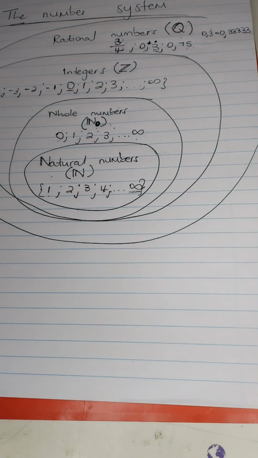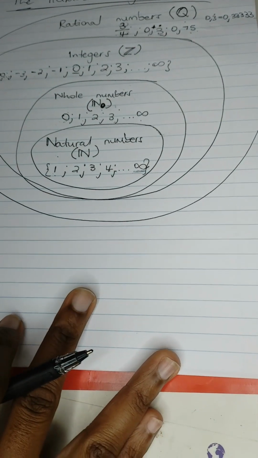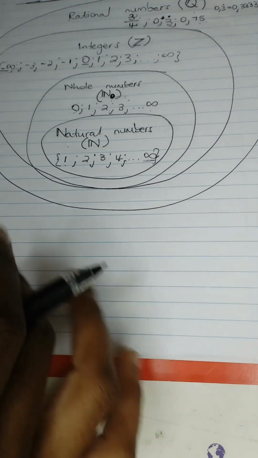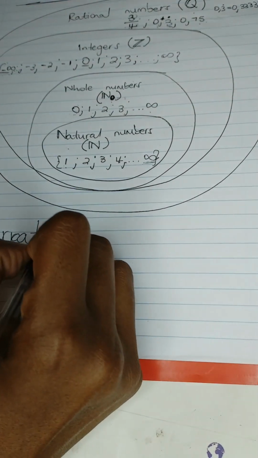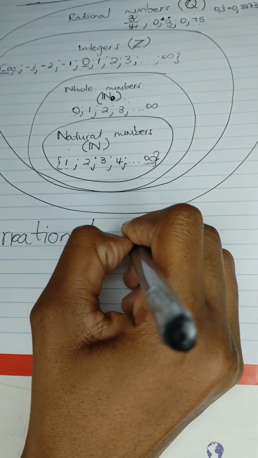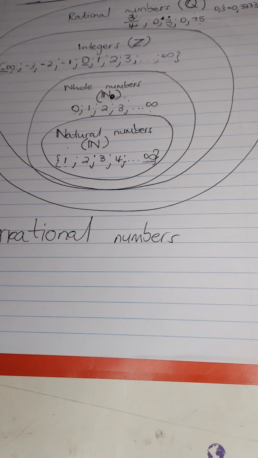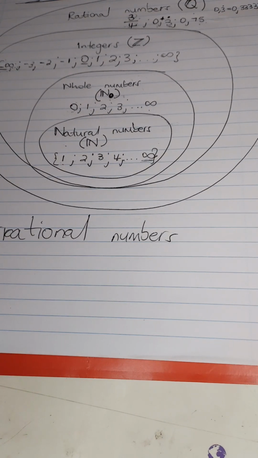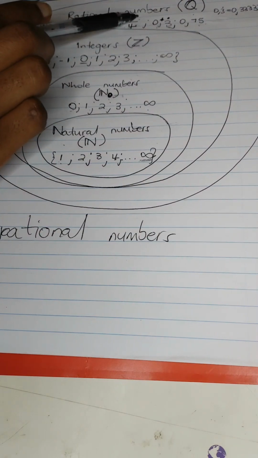And then we move on to the last one, which is irrational numbers. Irrational numbers are numbers that cannot be written as a fraction like rational numbers.